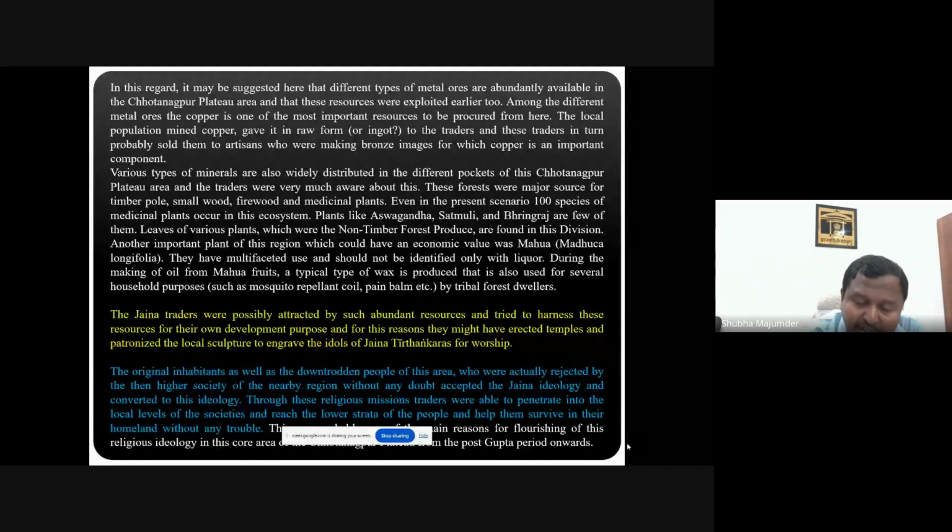Through these religious missions, the traders were able to penetrate into the local level of society and reach the lower strata of the people, and help them survive in their homeland without any travel. This was very helpful for flourishing the Jain religious ideology in the core area of the Chhotanagpur Plateau in the post-Gupta period onwards.